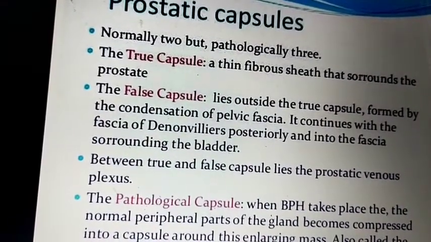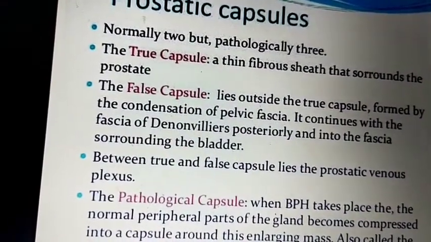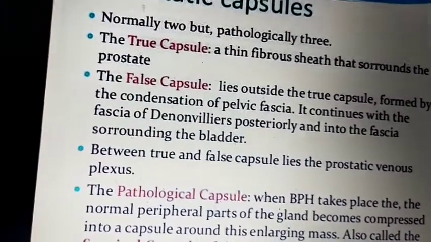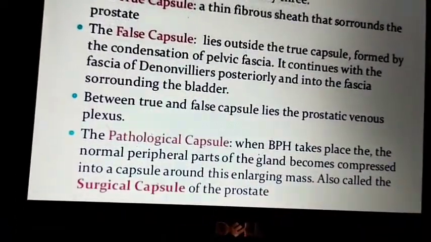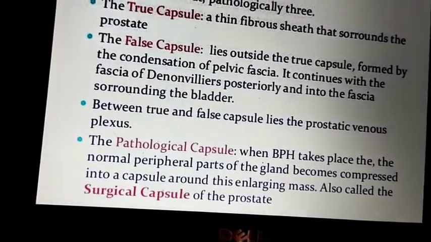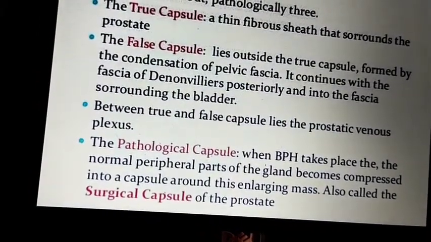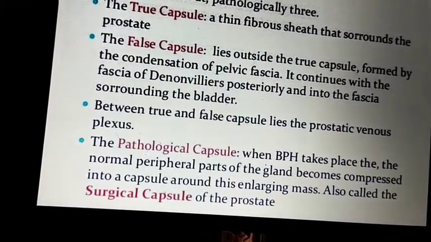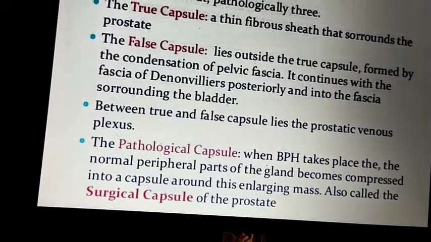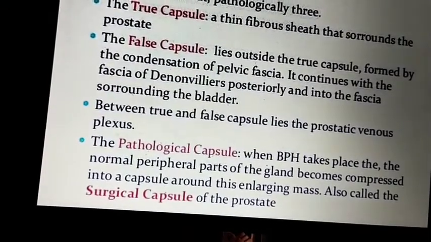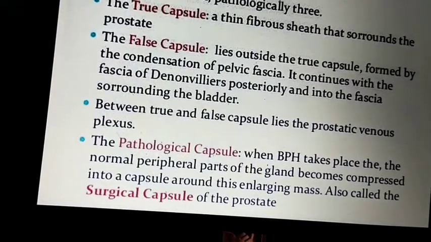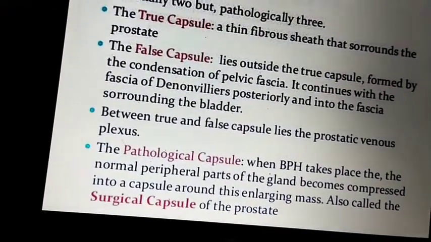Between the true and false capsule lies the prostatic venous plexus. When BPH takes place, the normal peripheral part of the gland becomes compressed into a capsule around this enlarging mass, also called the surgical capsule of the prostate.